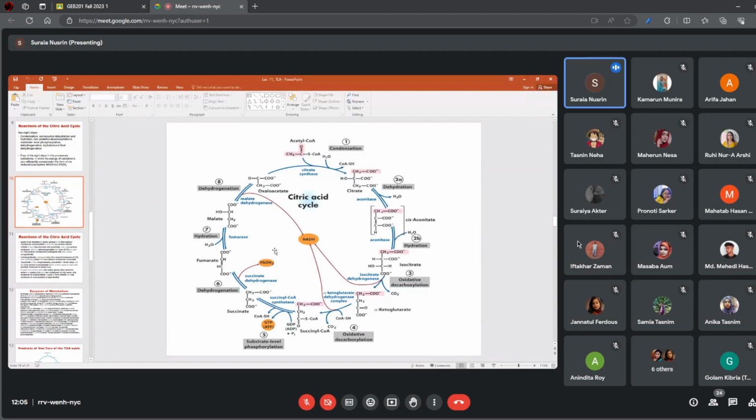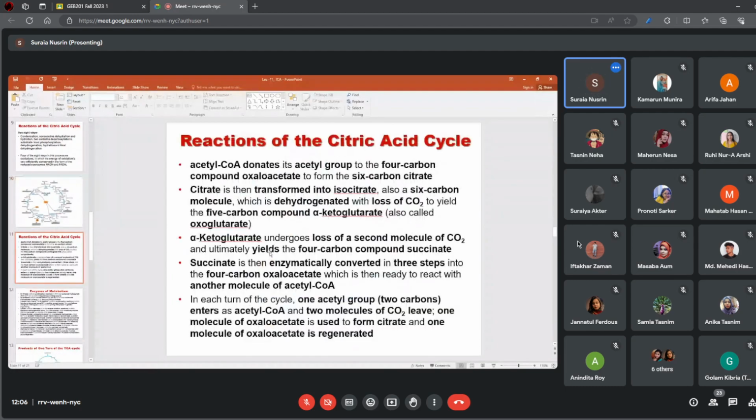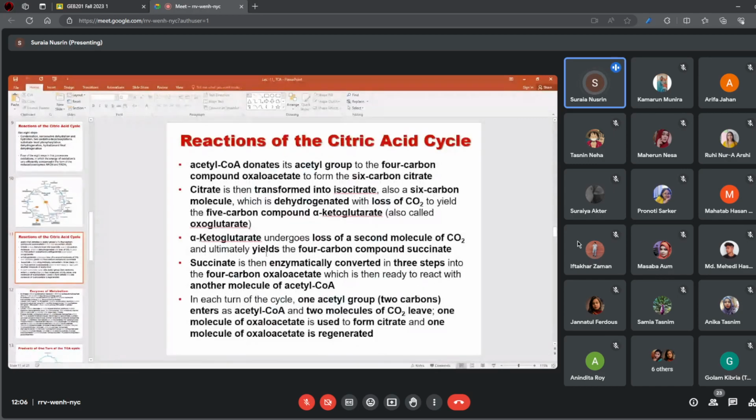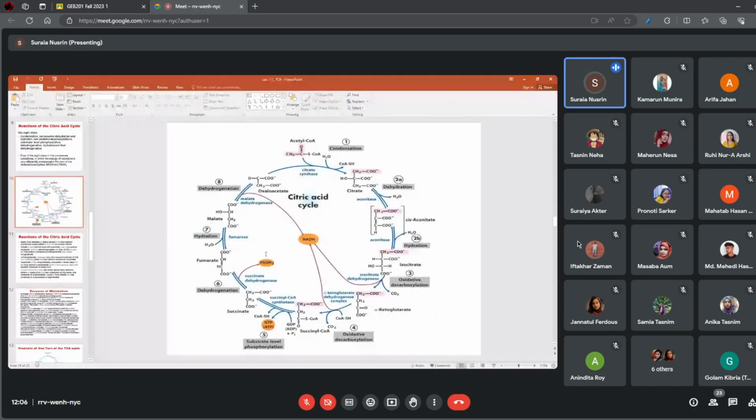So that is the cyclic TCA cycle, or Krebs cycle, or citric acid cycle, or carboxylic acid cycle. It has many names. And here is the description of this cycle. But if we just memorize the description, it will be very difficult to understand. Try to understand the reactions here: what is happening, what type of reaction, and what are the enzymes involved.